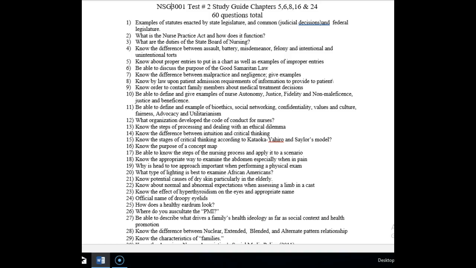Beneficence basically guides whatever decisions in which you're trying to benefit a patient's well-being or even their dignity.